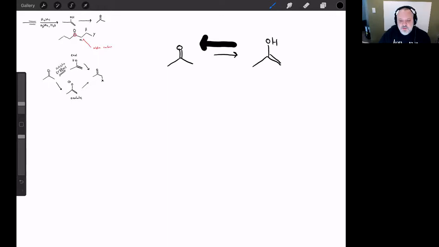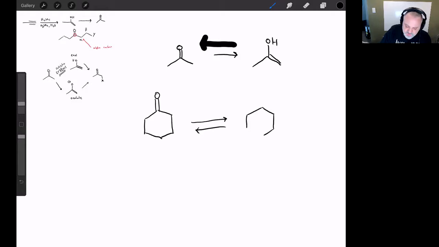All right, and so let's give an example. A good example of where the ketone is the predominant product would be cyclohexanone. Its enol variant is cyclohexenol, and this exists far less than 1%, and this exists far greater than 99%.